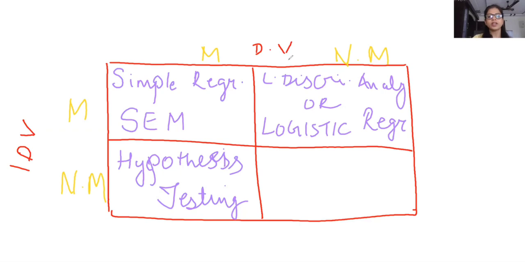Coming to the last, when your dependent is non-metric and independent is non-metric, then either cross tabs from descriptives or chi-square test.